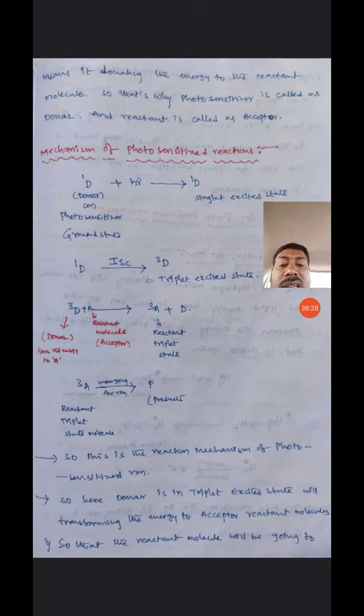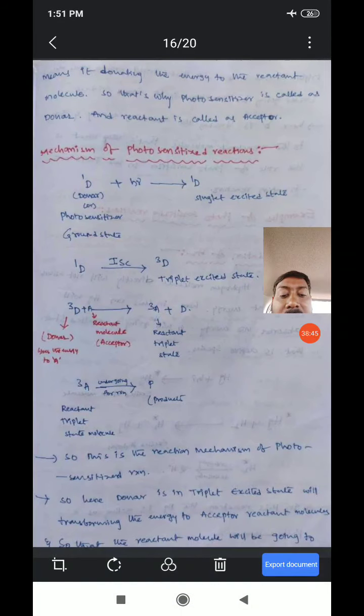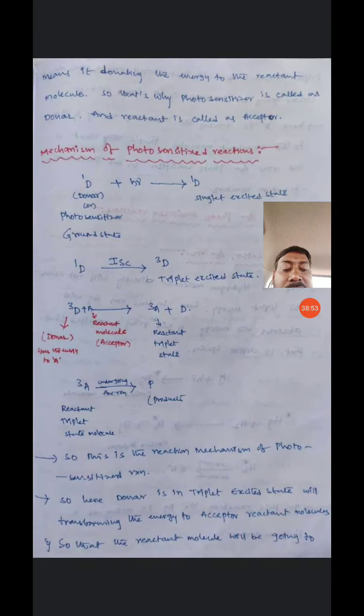So D3 reacts with A, and it forms 3A, the reactant triplet state, plus D. The reactant triplet state molecule 3A undergoes reaction, and finally it forms products. So this is the reaction mechanism of a photosensitized reaction.